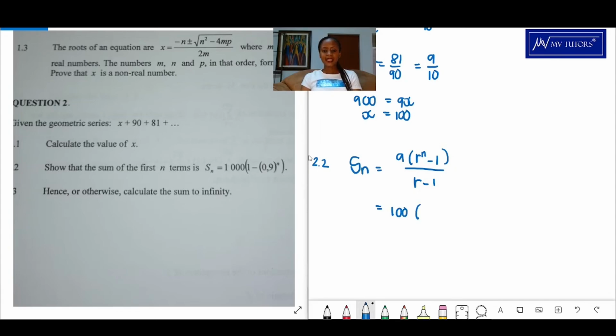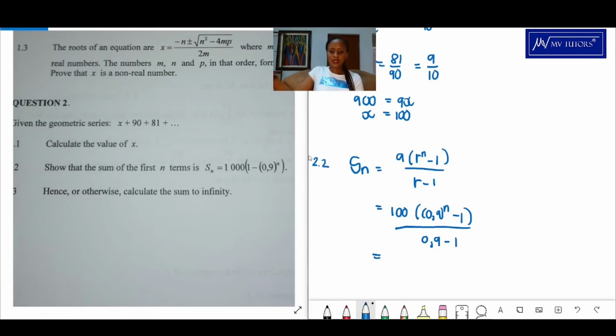And r, in this case, is 9 over 10, which is 0.9. So I have 0.9 to the power n minus 1, and at the bottom I still have 0.9 minus 1.